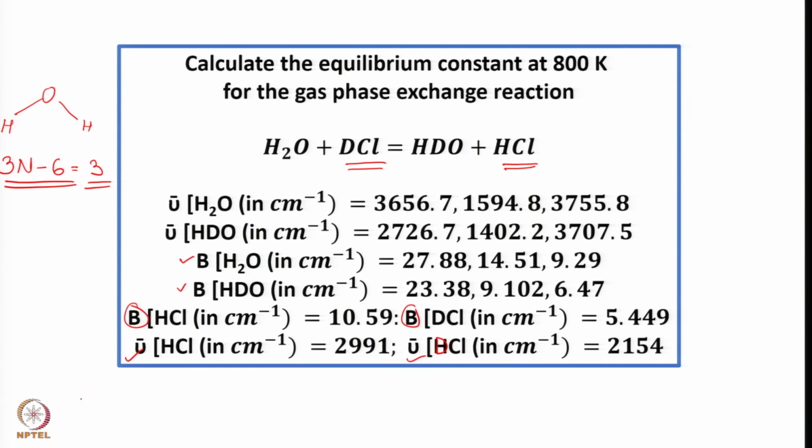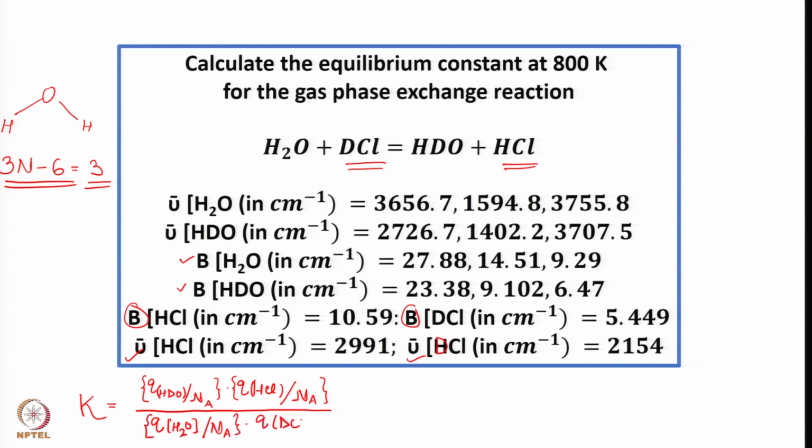Equilibrium constant. Now, let us write down the expression. I will write Q HDO by Na into Q HCl, let me write in the bracket, divided by Na, then I have Q H2O divided by Na into Q DCl divided by Na, into exponential minus delta E0 by RT.